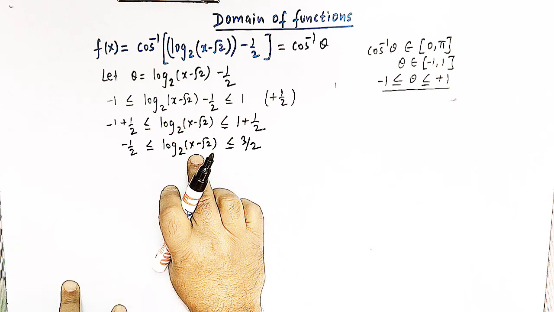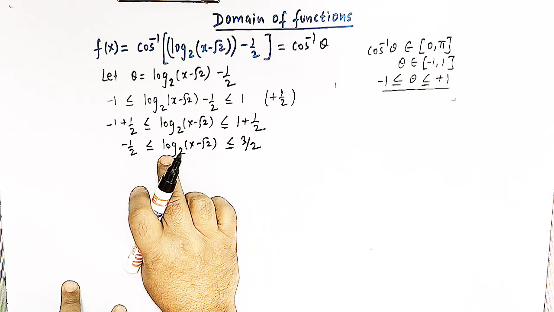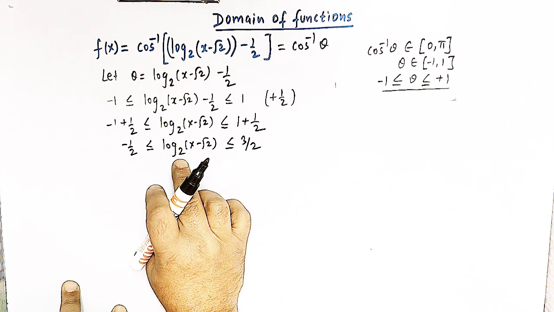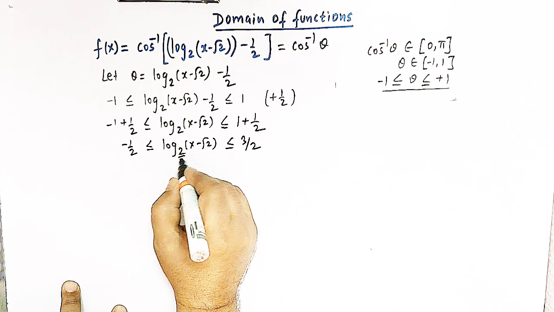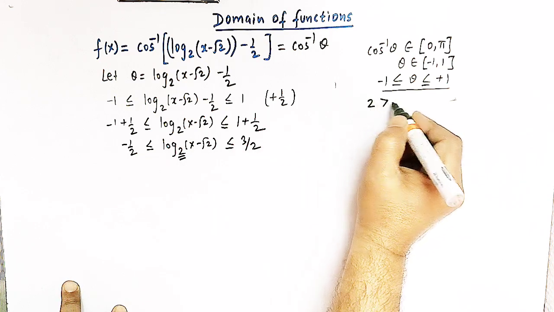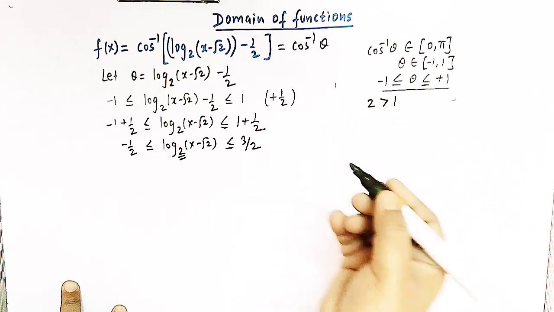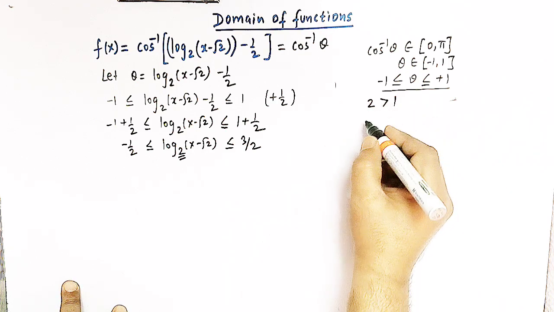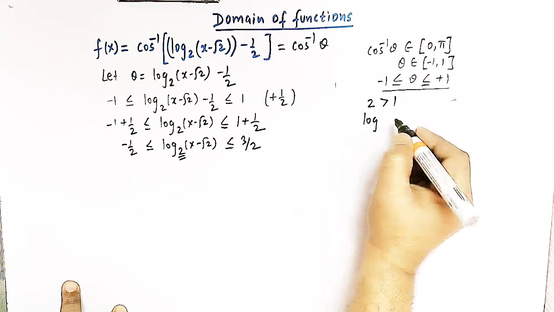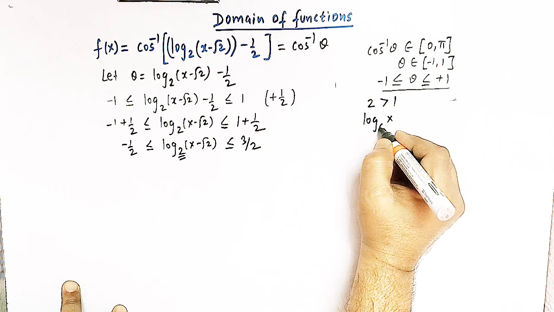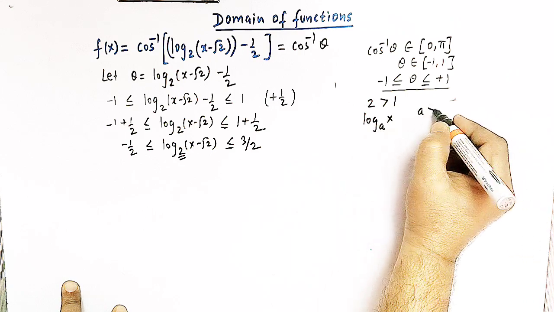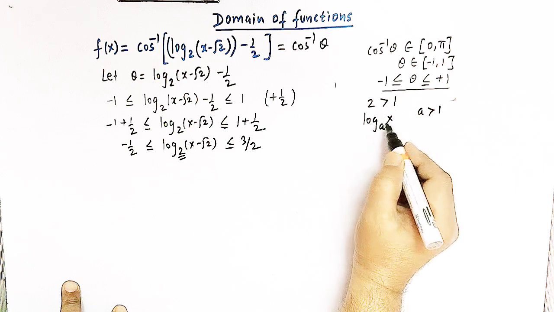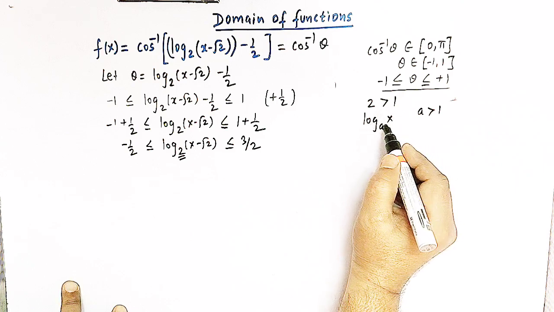Now to move further, here we have the log function, log of x minus root 2 to the base 2, and the base 2 is greater than 1. We know from the theory of functions that the function log of x to the base a, where a is greater than 1, is an increasing function.